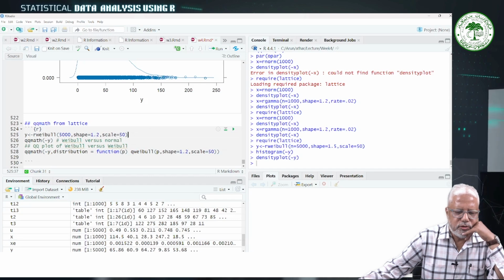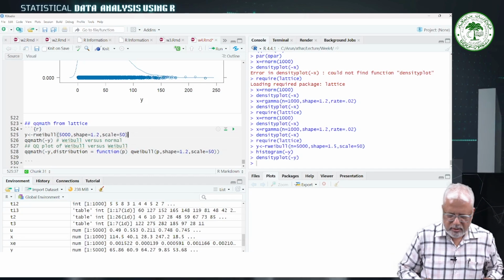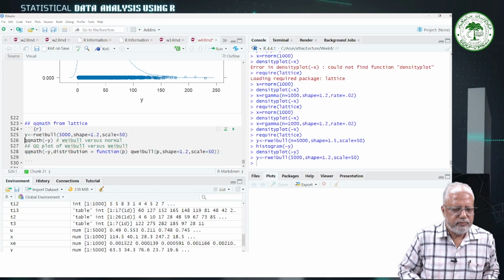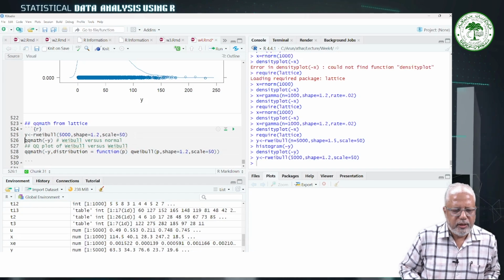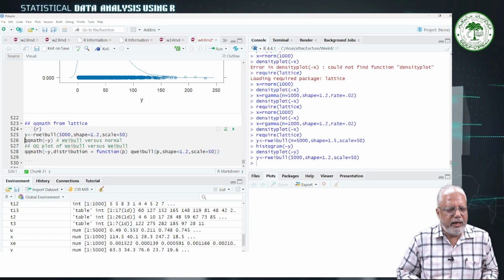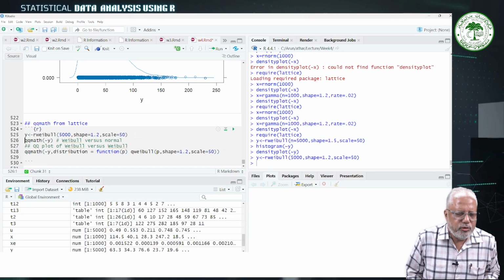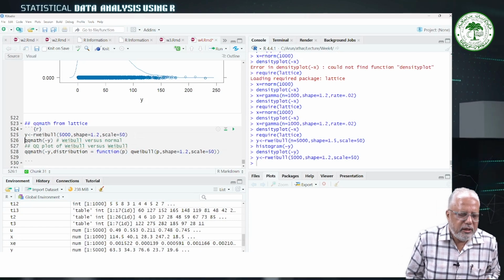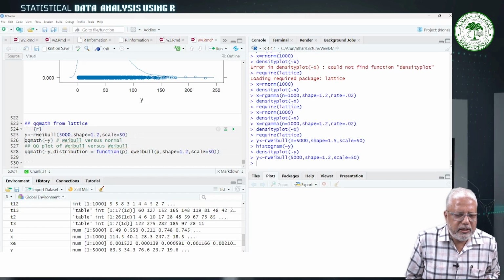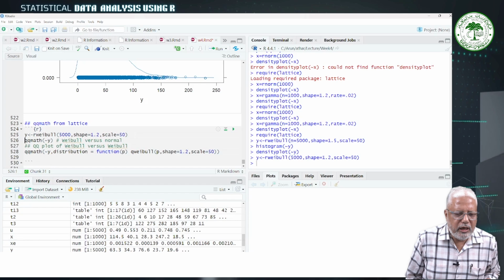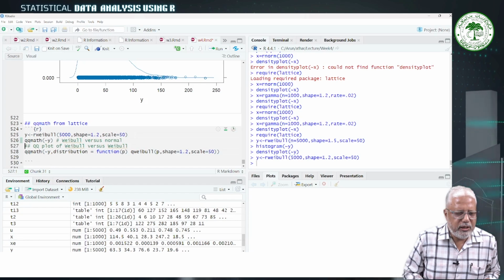If we run this, see, if we write qqmath, the simulated data is from Weibull, but it compares with the normal distribution.